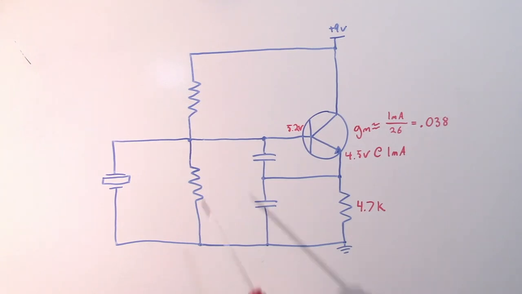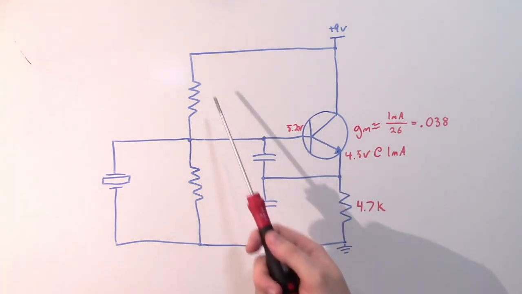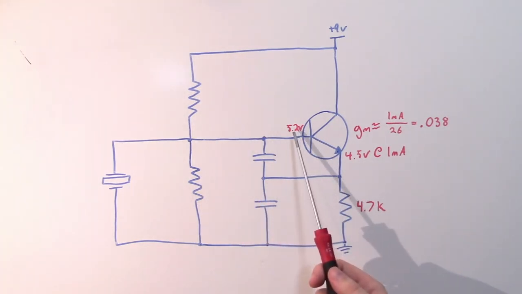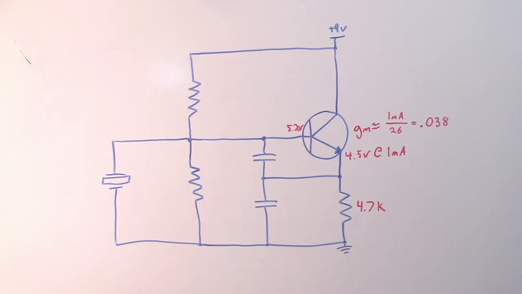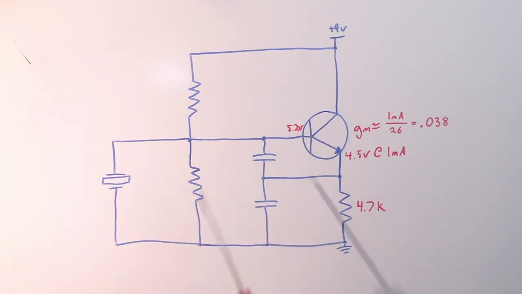So now let's select the base biasing resistors. Now, we have two different requirements here for the base resistors. Obviously, whatever we select for these, the voltage divider that they provide needs to set the base at 5.2 volts, but we want these to be relatively large so that the crystal sees a relatively large input impedance looking into this transistor, because these are primarily going to set the input impedance of the transistor.